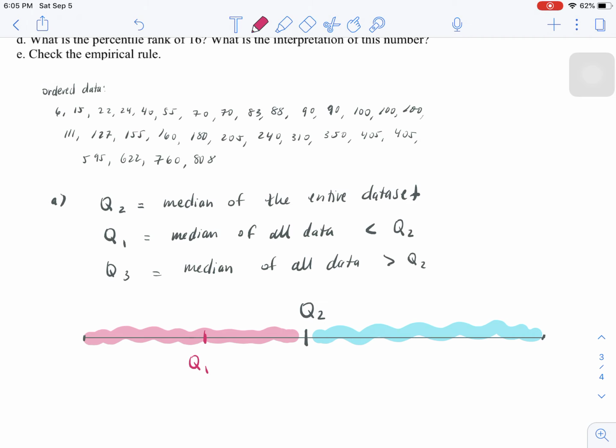And Q3 is the median of my upper half. So you can see that finding these 3 quartiles splits my data set into quarters, of equal size with equal numbers of data points in them. Hence, why we call these the quartiles.